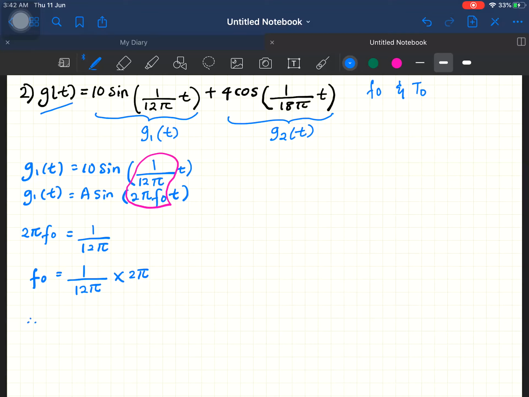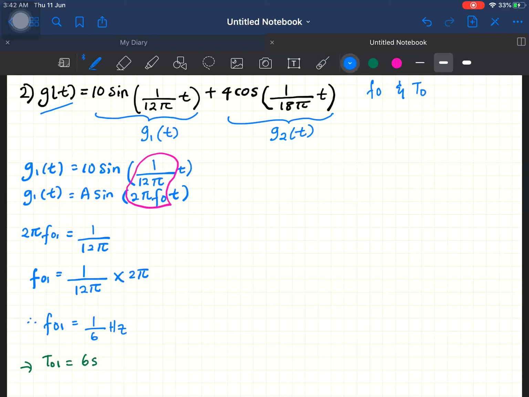Let's call this f naught 1, because this is the first signal. f naught 1 equals 1 over 6 Hertz, and for this one, you will get T naught 1 equals 6 seconds.